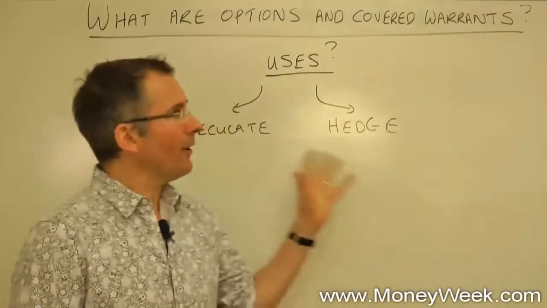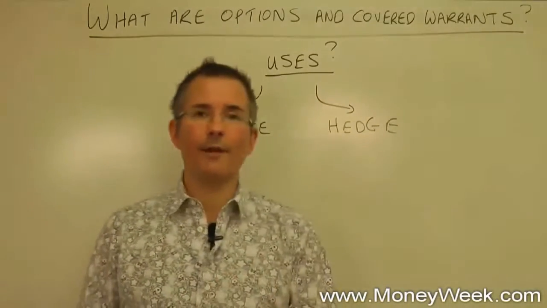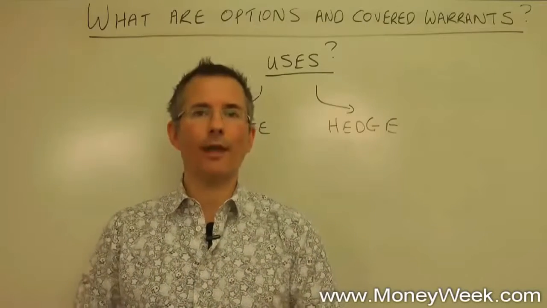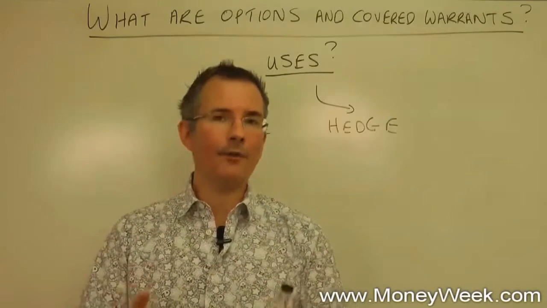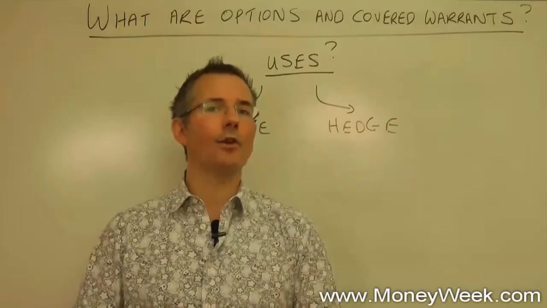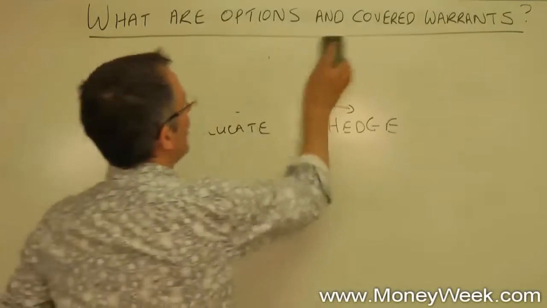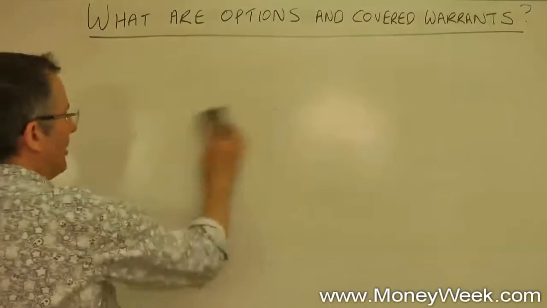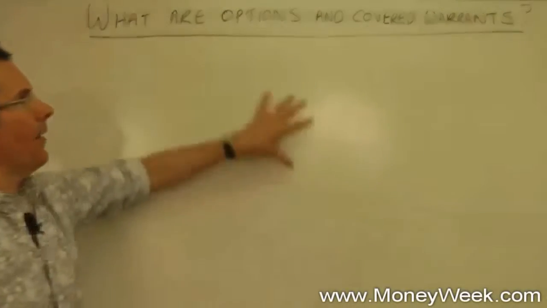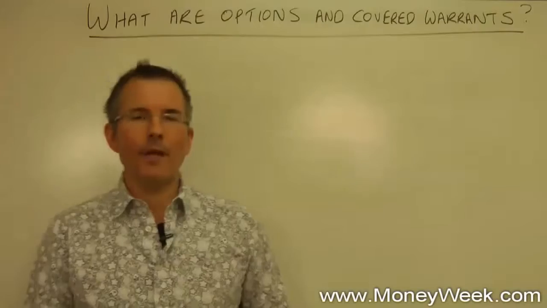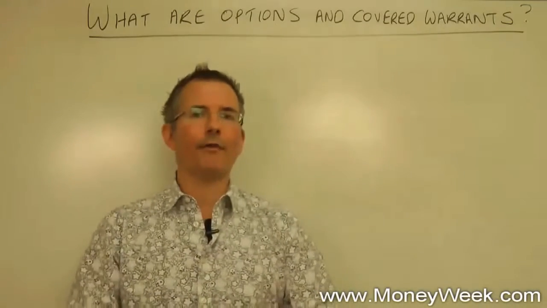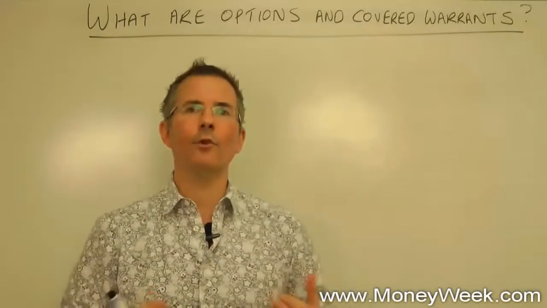Okay, now the best thing to do with options is to get straight in. Let's create an imaginary option and take a look at some of the features. These features pretty much stand good for covered warrants as well. Right, so let's put an option up on the board here. Now, the language of options. If you are looking to buy an asset, you are looking to call it to you.